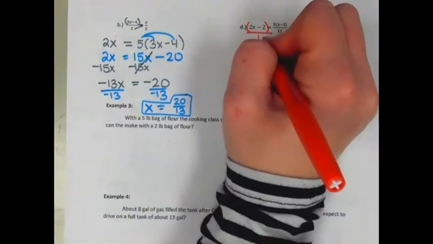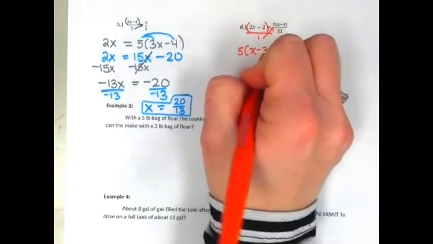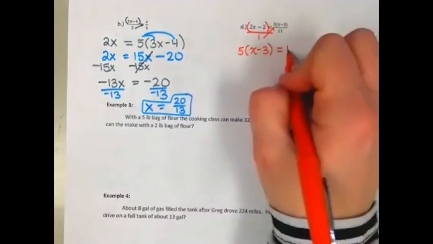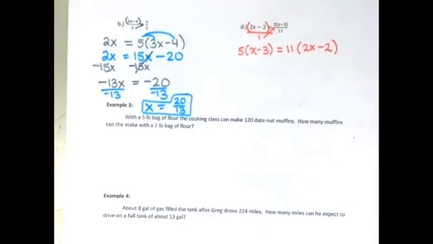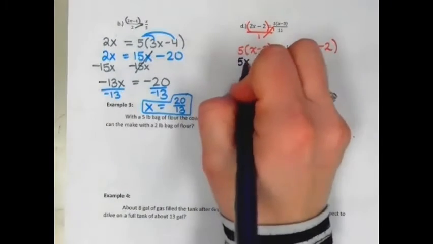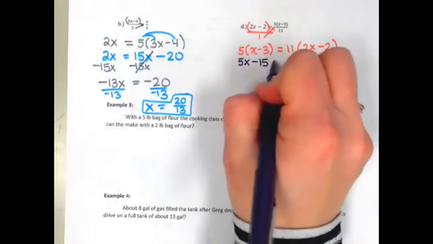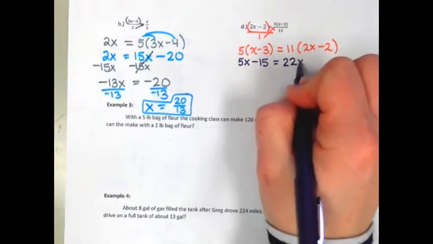So I'm going to take 1 times 5 times the quantity of x minus 3, which is going to be equal to what? 11 times what? 2x minus 2. And now let's go ahead and distribute. What's 5 times x? 5x. And 5 times negative 3 equals 11 times 2x and 11 times negative 2.